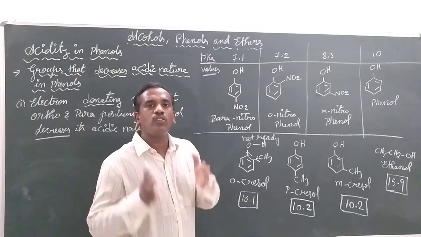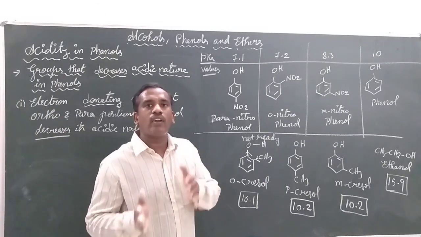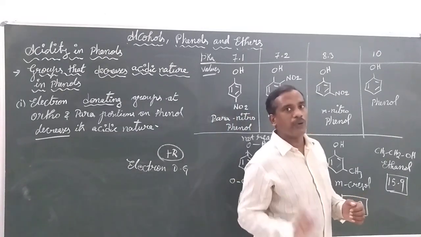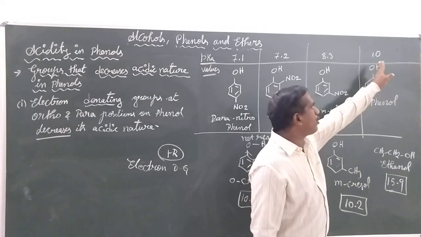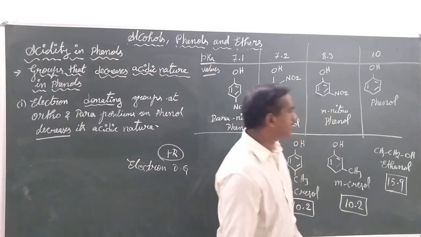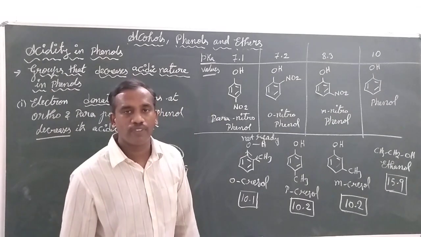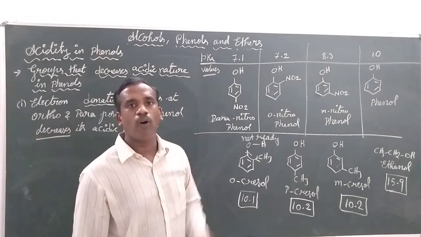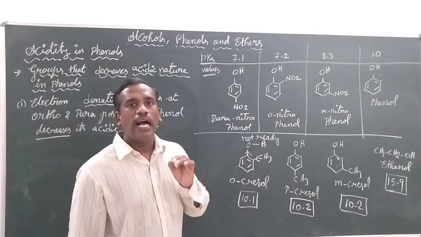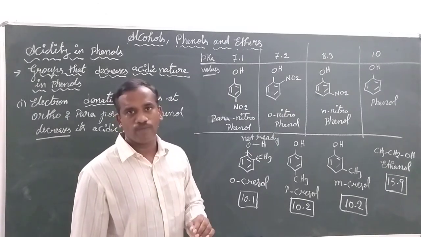Let us now compare the acidic nature of phenol with ethyl alcohol with respect to the pKa value. The pKa value of phenol, as we saw, is 10, but for ethanol it is 15.9. How much is it? 15.9. The higher the pKa value, the lesser the acidity.